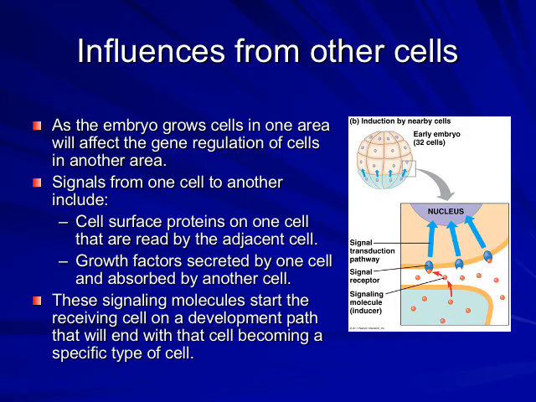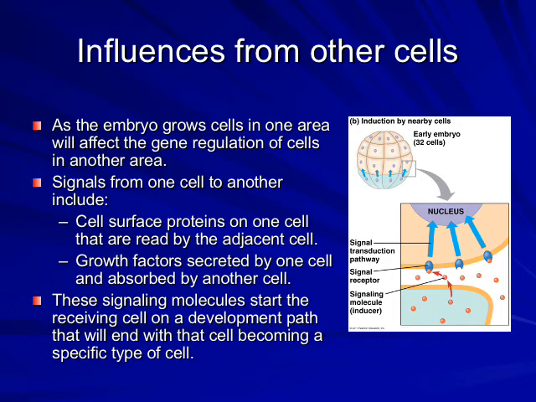As the embryo grows, cells in one area will affect the gene regulation of cells in another area. And so we know that cells are sending signals to other cells. So cell surface proteins on one cell may be read by an adjacent cell. There may also be growth factors that are secreted by a cell and absorbed by another cell.